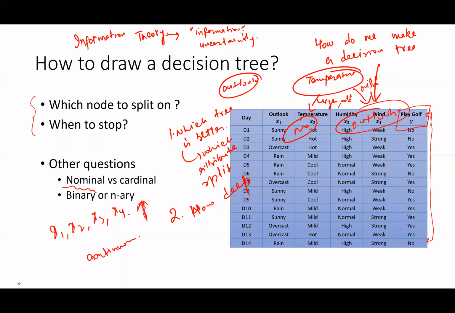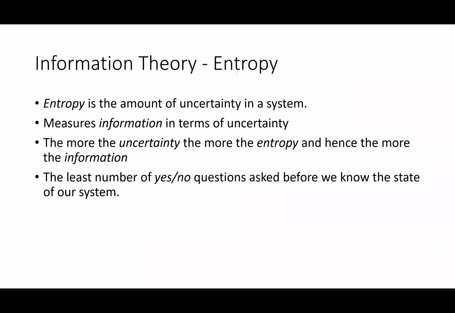In information theory, we have a concept called entropy. You might also have heard this word in physics, where the entropy of a system is basically the amount of randomness in the system. If the randomness is high, we say the system has high entropy. If the randomness is low, we say the system has low entropy.